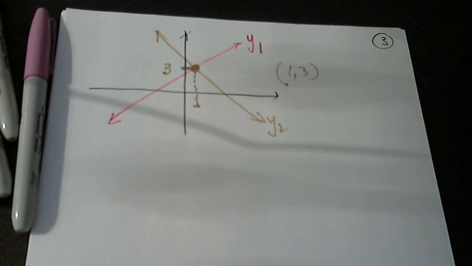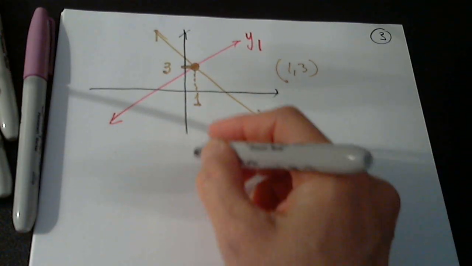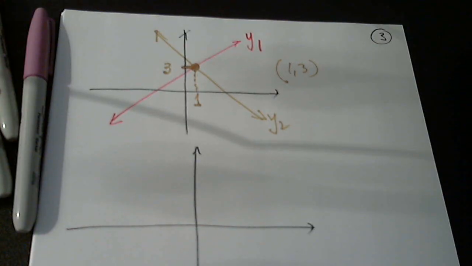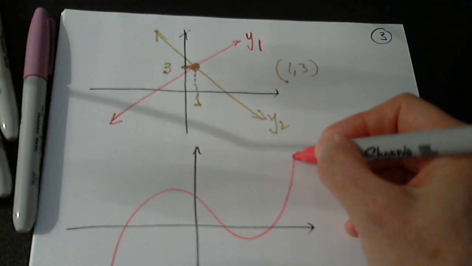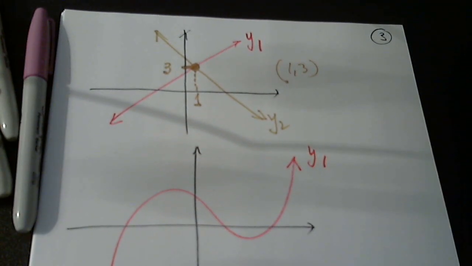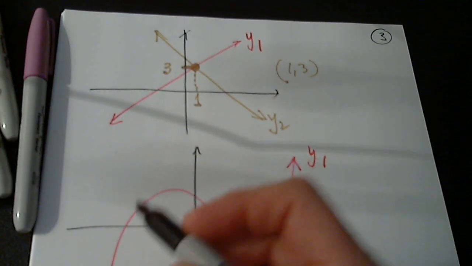It is possible that we may have not two straight lines, but maybe something like this. So here's another situation. Let's say I have this function, this is my y1, and let's say I have my y2, this.